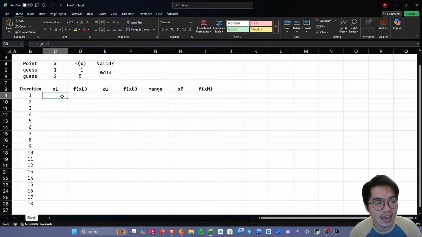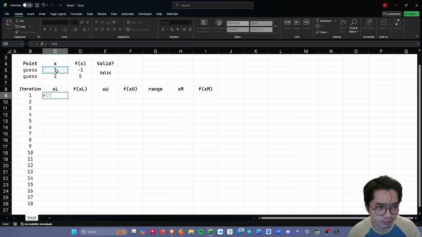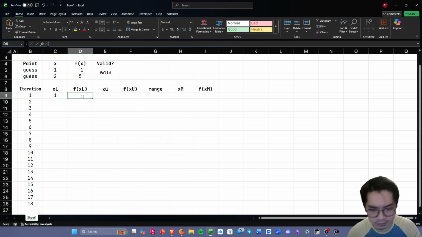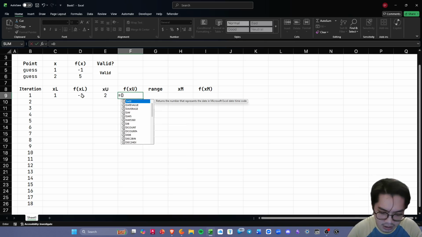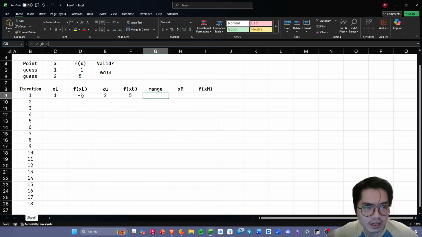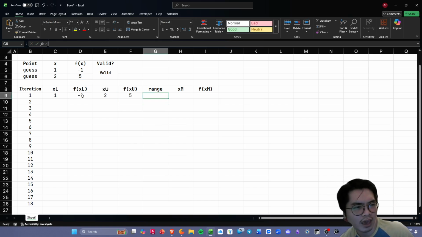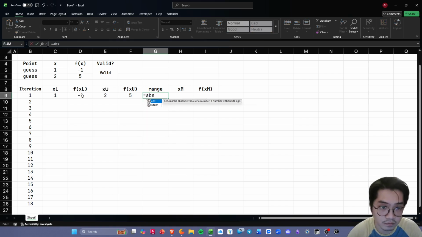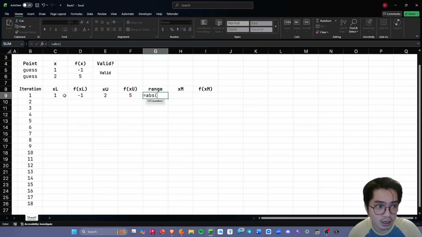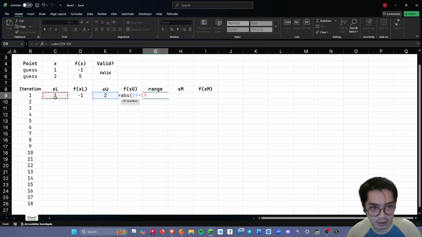We will have x of L, and whichever one is lower, that's fine by us. It's going to be 1, then this one, D5. This one is going to be C6. This one is going to be D6, and our range is just going to be the absolute value of xu minus xl.